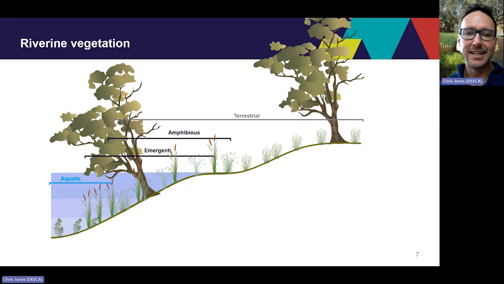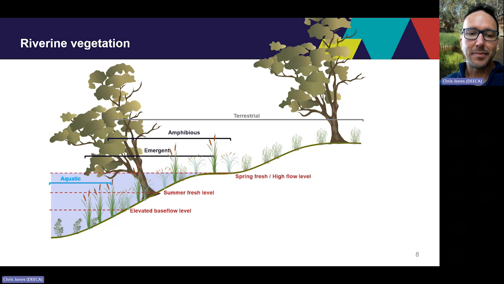Through managed events that the managers try to deliver, such as base flows down low on the bank, summer freshers, which is a flow pulse for a few days to a week or two, and a spring fresh or a high flow, which brings water quite high, they're trying to achieve these objectives.